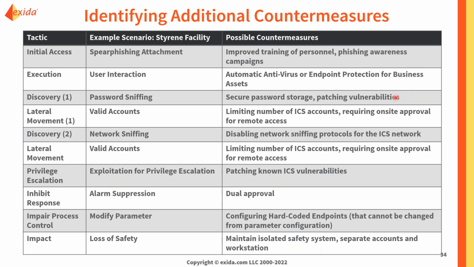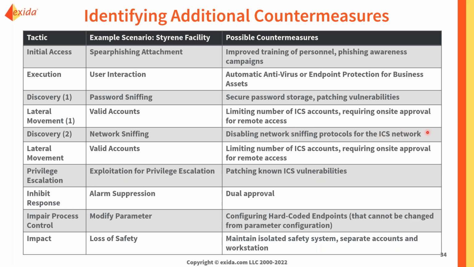We could think about secure password storage, patching known vulnerabilities that allow those different types of password exploits to be run. We could think about limiting the number of accounts, requiring on-site approval for remote access to make it harder to get a remote connection.